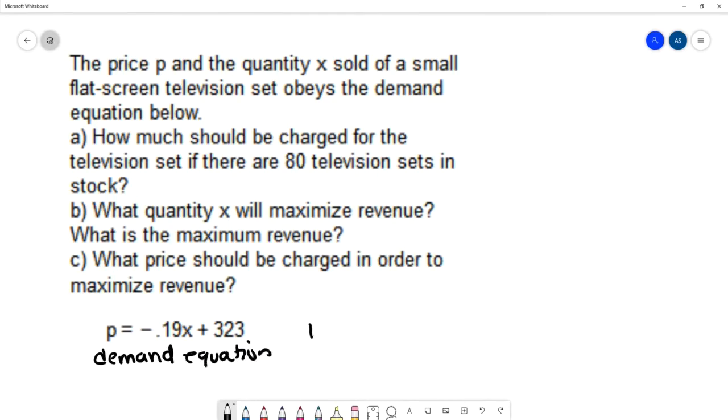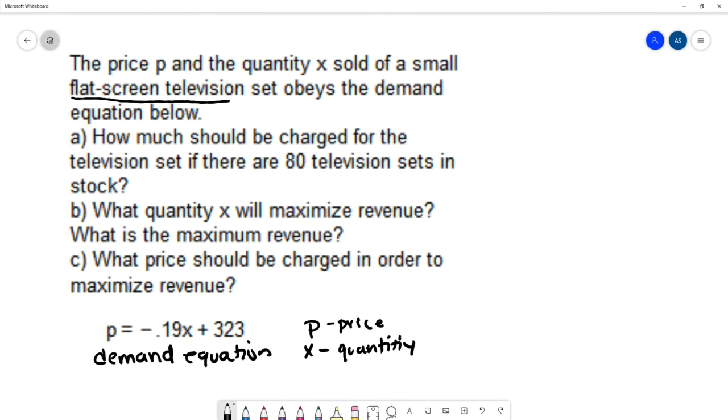That lowercase p stands for price, and that x is the quantity, how many of our flat screen television sets. So the demand equation is going to tell us the relationship between the price and the quantity that we sell.